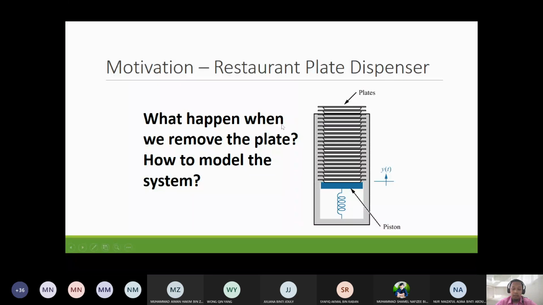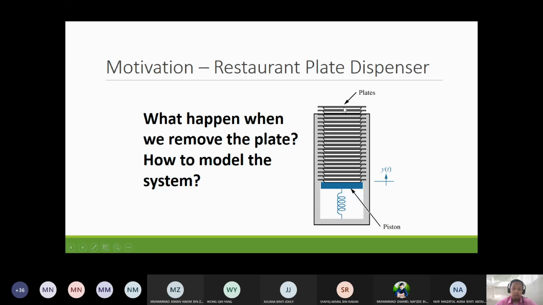So let's say we have this plate dispenser. I'm not sure what kind of restaurant uses this dispenser. So what happens if we remove the top plate? How do we model this system?